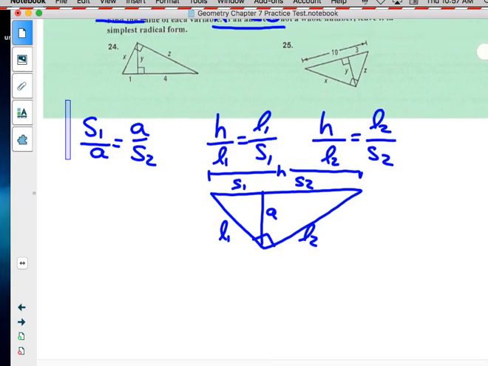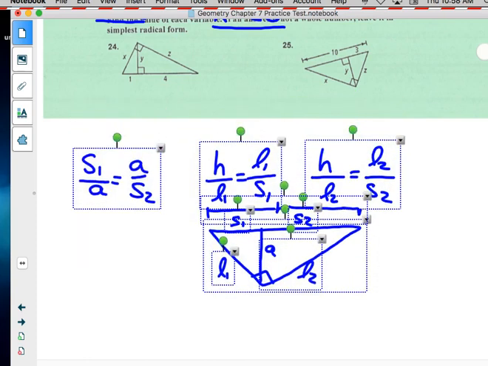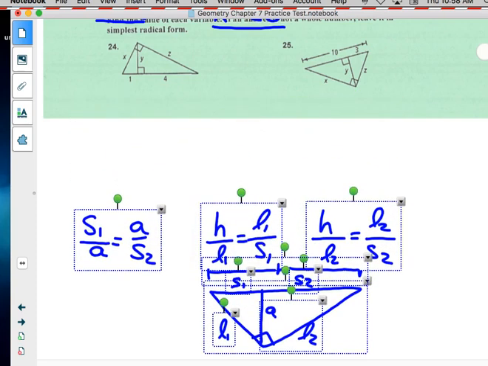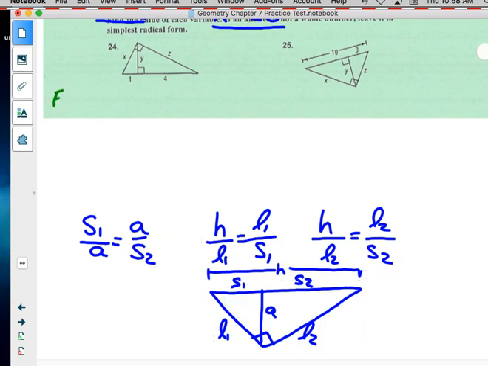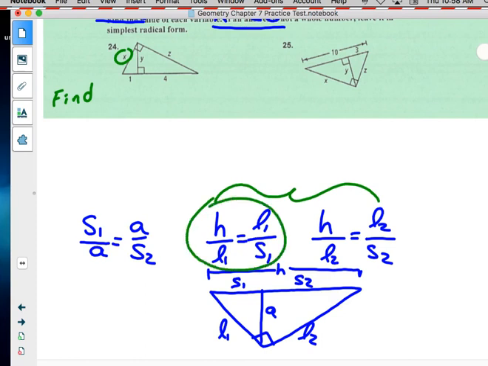next one, I'm going to take these down so they're out of my way. I'm going to find X, and finding X, that's leg. Okay, so using leg, finding leg, I'm going to use one of these two. Okay, since it's going to be leg 1, I'm going to use the first one. So I've got H, L1, L1, S1.